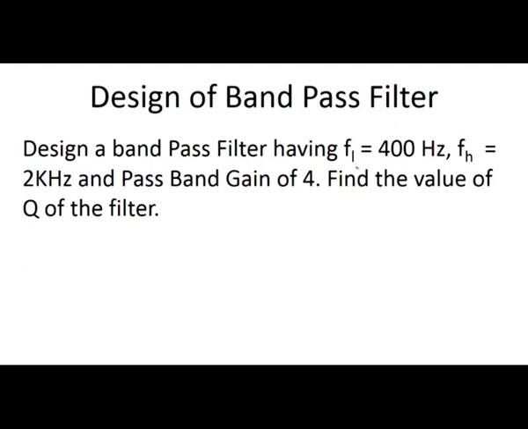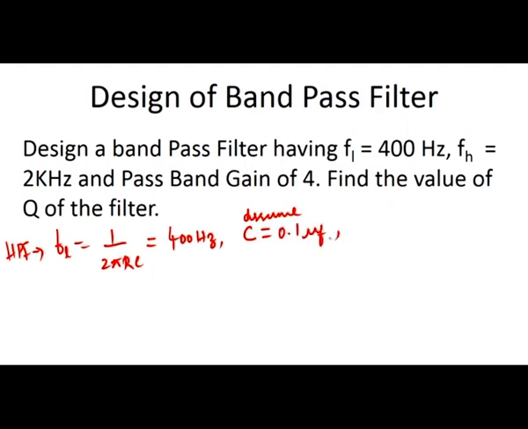Design a band pass filter having FL 400 hertz and FH 2 kilohertz, pass band gain of 4. Find the value of the quality factor of the filter. So, FL is 1 by 2 pi RC, which is for the high pass filter, which is given as 400 hertz, for which C is assumed as 0.1 microfarad.